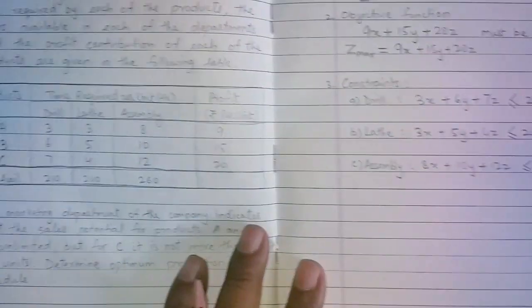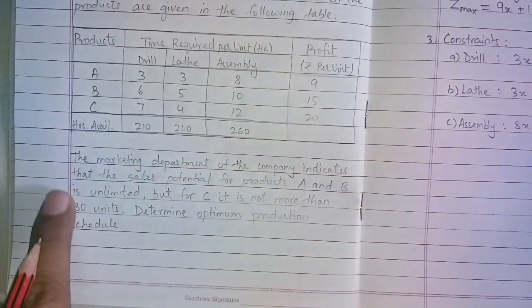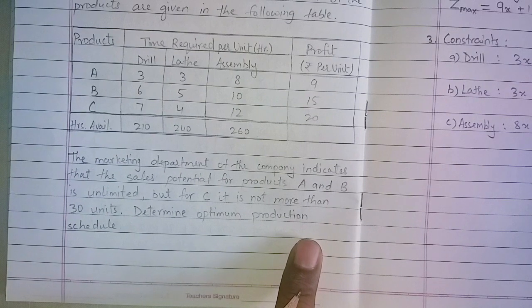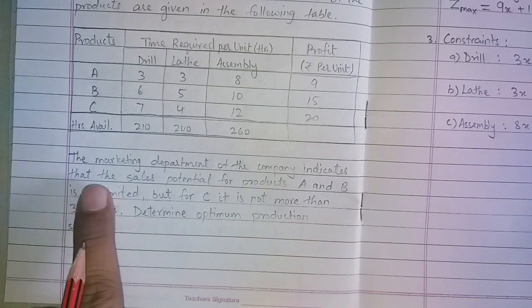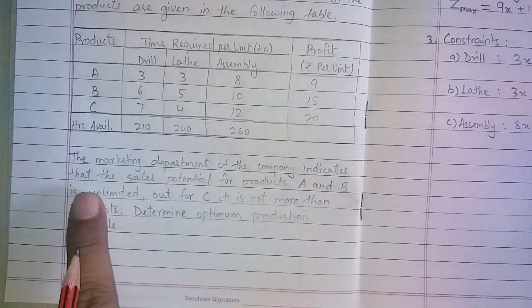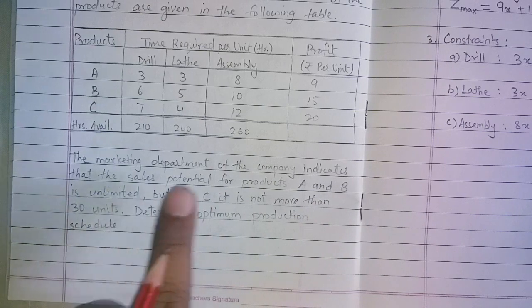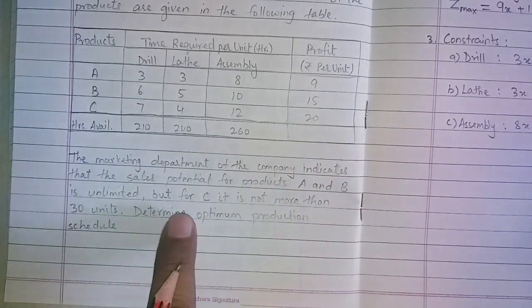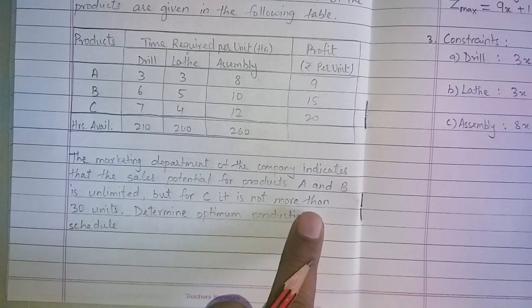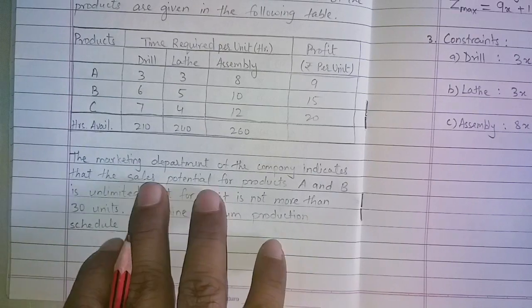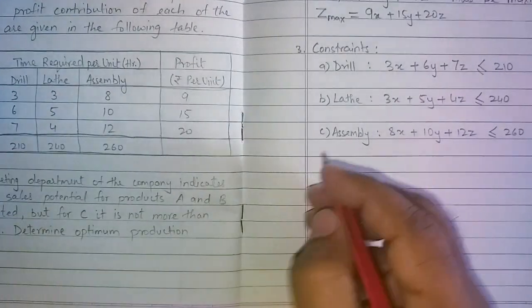Now, after reading this paragraph, you will find there is one more constraint. What does it say? The marketing department of the company indicates that the sales potential for products A and B is unlimited. So there is no constraint for A and B, but for C it is not more than 30 units. That means we have a constraint on sales as well.